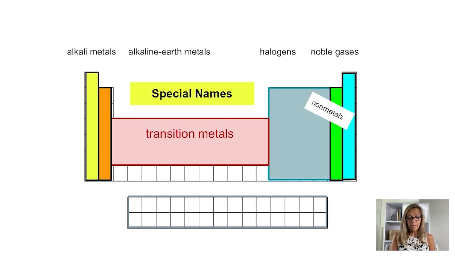Now, let's keep going. Some of these groups or families have special names. First of all, let me pull hydrogen out. I'm going to pull him out right here. Hydrogen, he is not in this little group. He is a nonmetal, and he doesn't really belong here. But underneath, those are what we call the alkali metals, that first little column. That second group right next door are the alkaline earth metals.